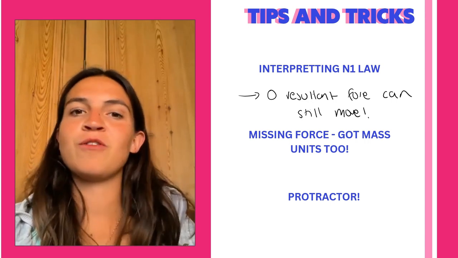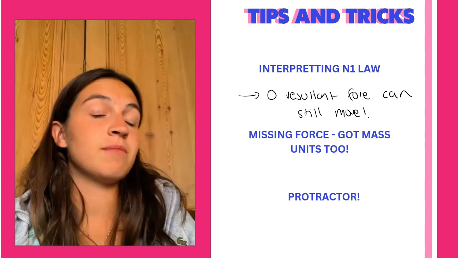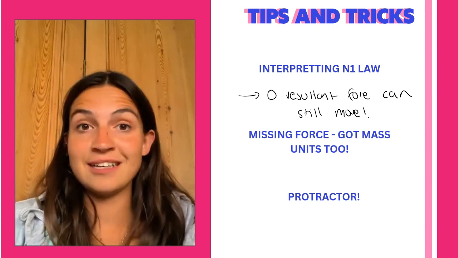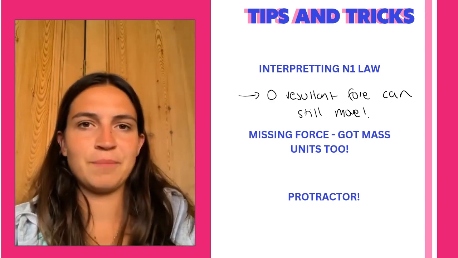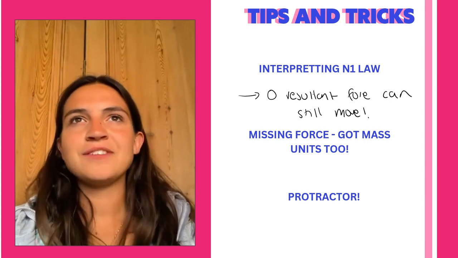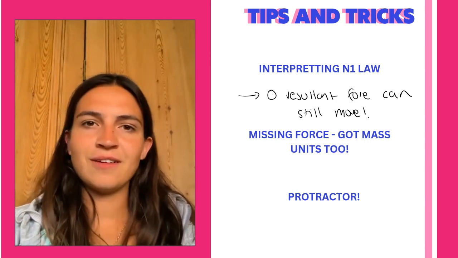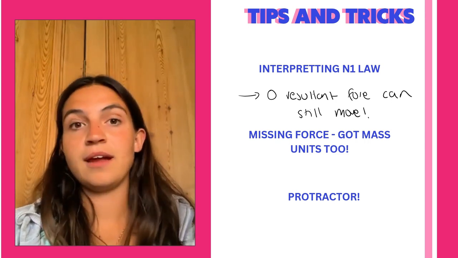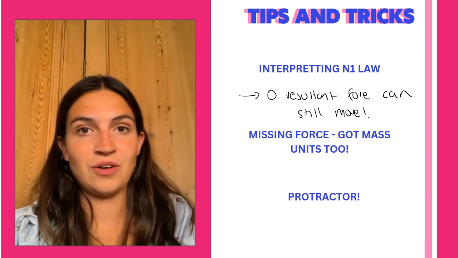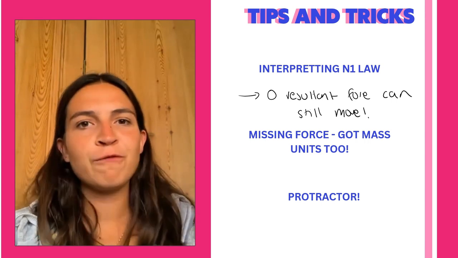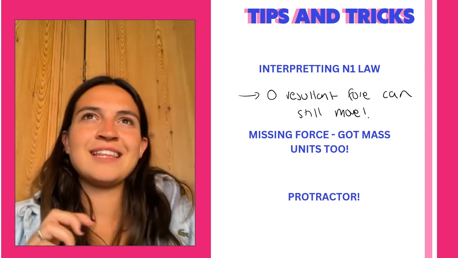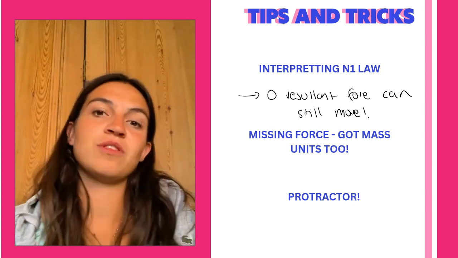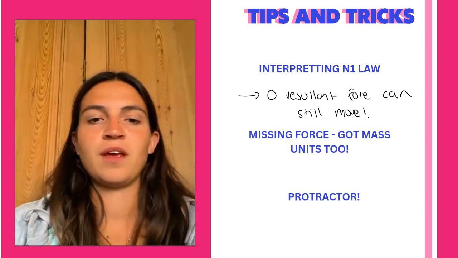It can still be moving at a constant velocity. That doesn't mean that it's necessarily staying still. It's just not accelerating. Equally, if something is staying still, that doesn't necessarily mean that there are no forces acting on it. All it means is that those forces are balanced. Okay, so that's the most common misconception with Newton's first and second law.